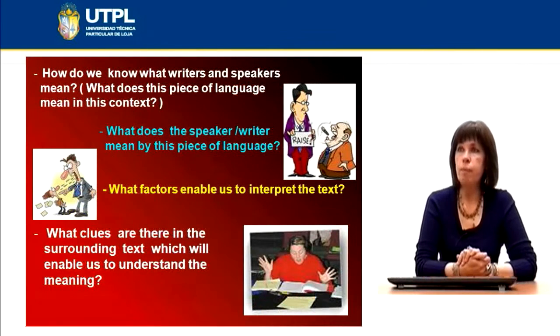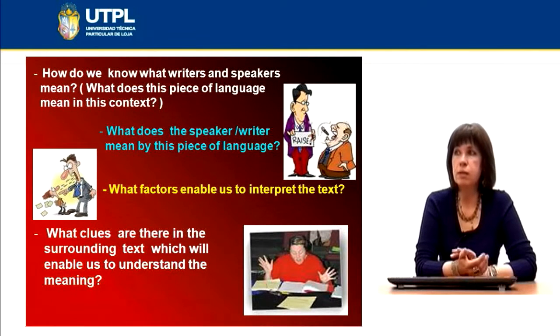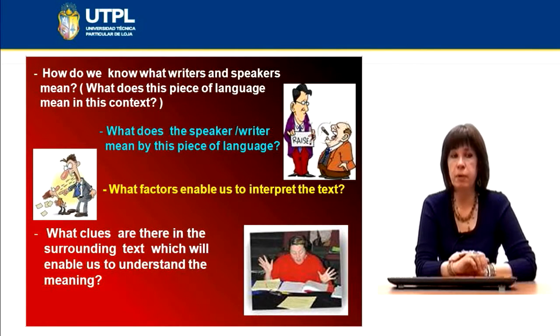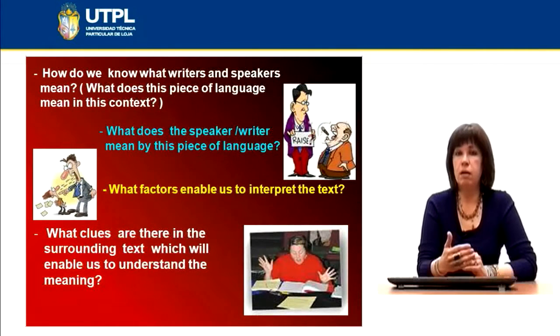Well, also, speaking about written language, we need to know what the writers and speakers mean, and what other factors enable us to interpret the text, whether it's a new paragraph or exclamation marks or question marks that help the reader understand the real meaning.